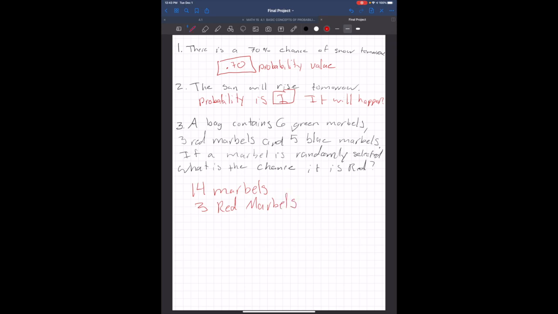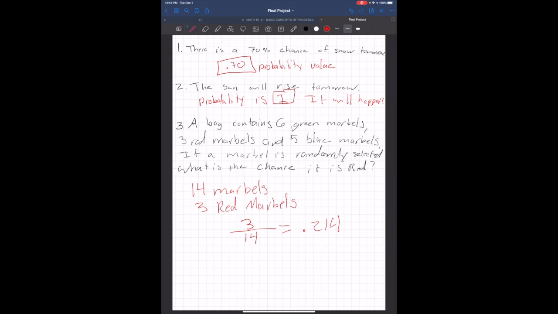Now we know from what we know about probability that means there's a 3 out of 14 probability that it will occur, which equals 0.214 probability value, which is not very high as we can tell and is much closer to 0 than it is to 1. So the likelihood of getting a red marble out of a bag of 14 marbles is quite low.